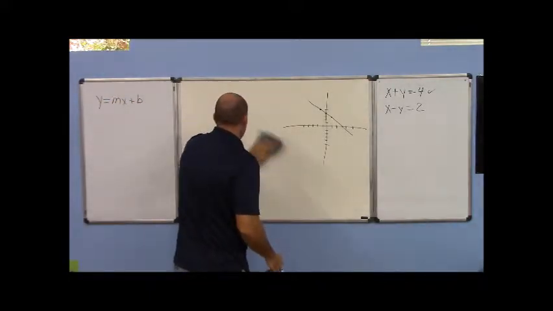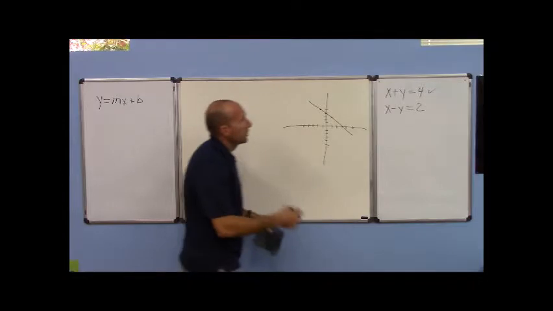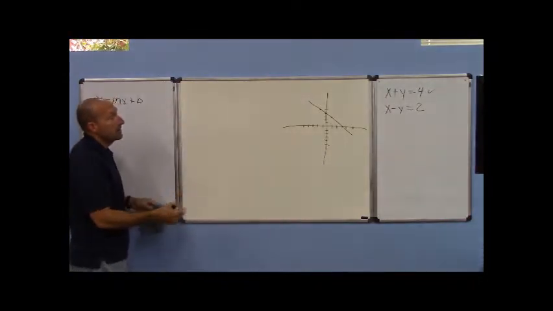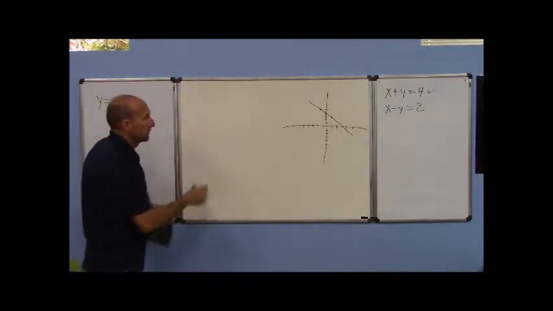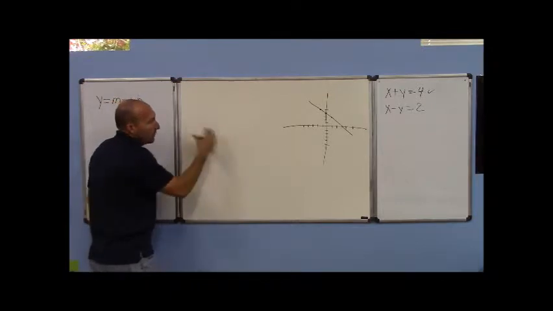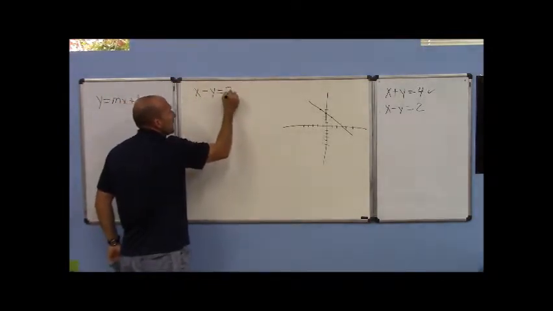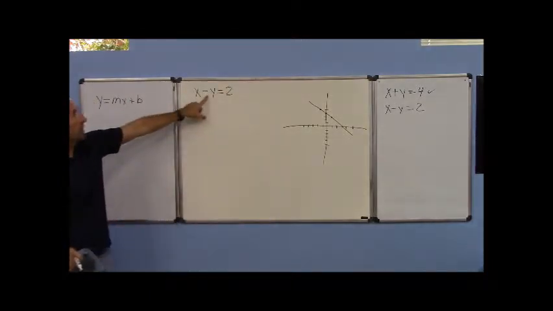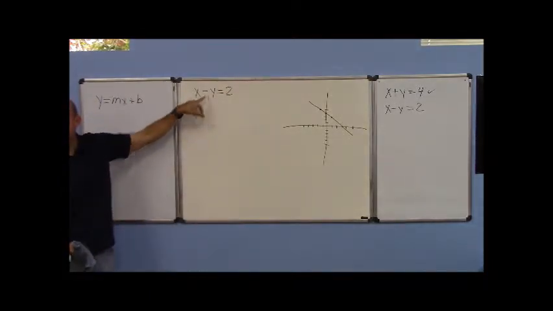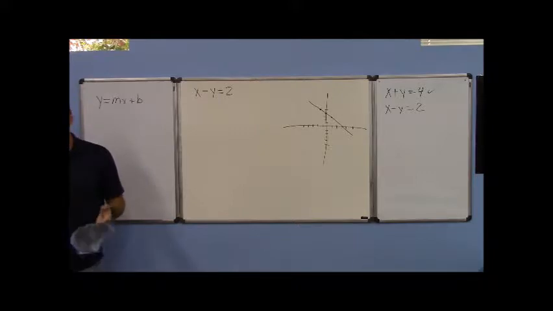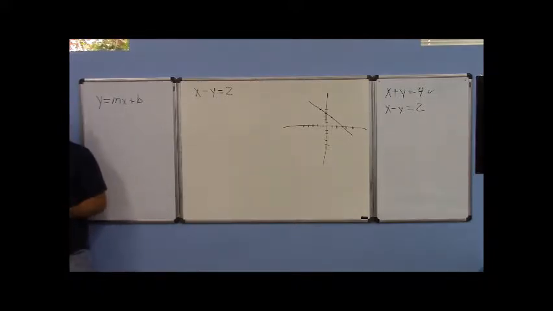First, we have to put it in our slope-intercept form, which means y needs to be all by itself. So whenever we move this x minus y equals 2. This one looks a little tricky because we have a negative in front of the y. So we're going to have to do a two-step process with this. Y needs to be positive to make life easier.